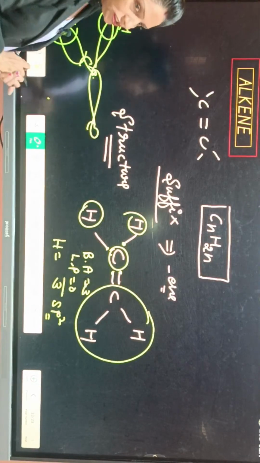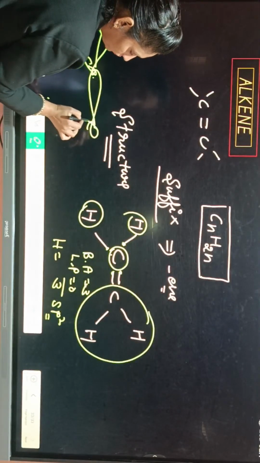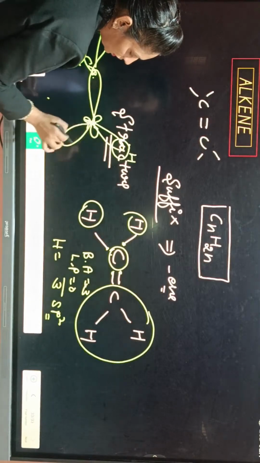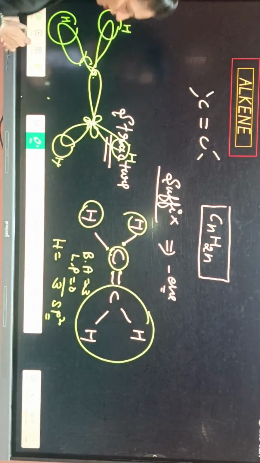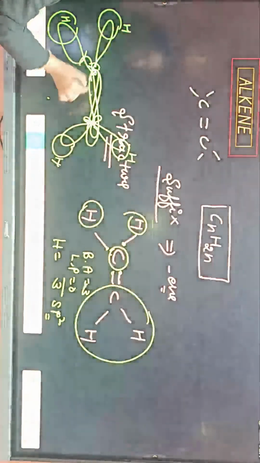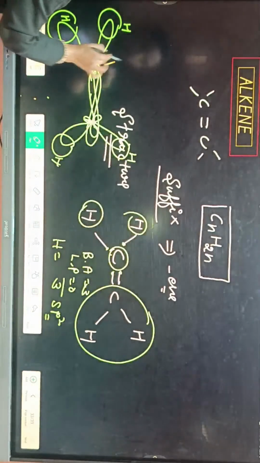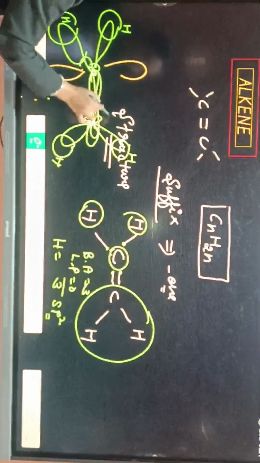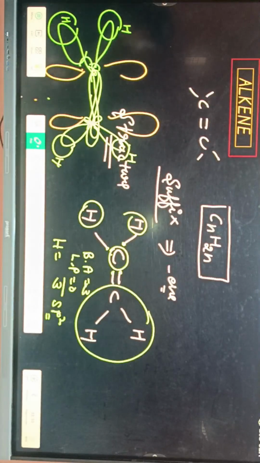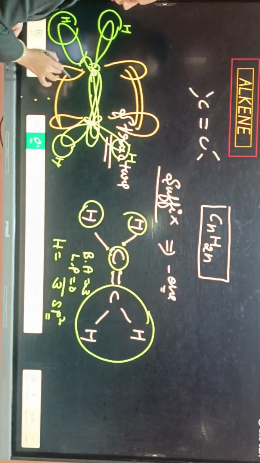The other carbon also forms sigma bonds with two hydrogens and one with this carbon. But there are 4 electrons, and one is in an unhybridized orbital. Clear or not? This is forming the pi bond.